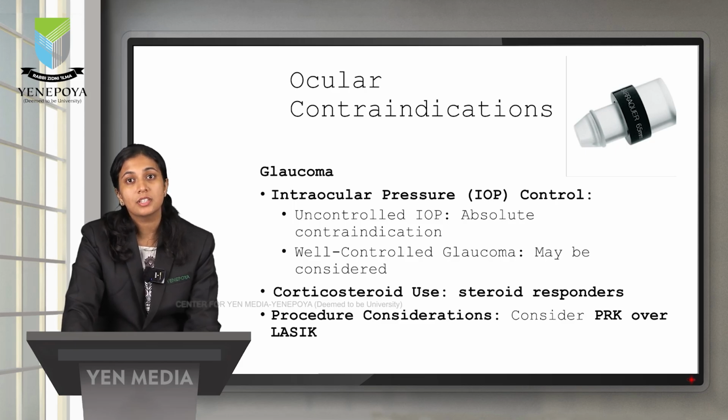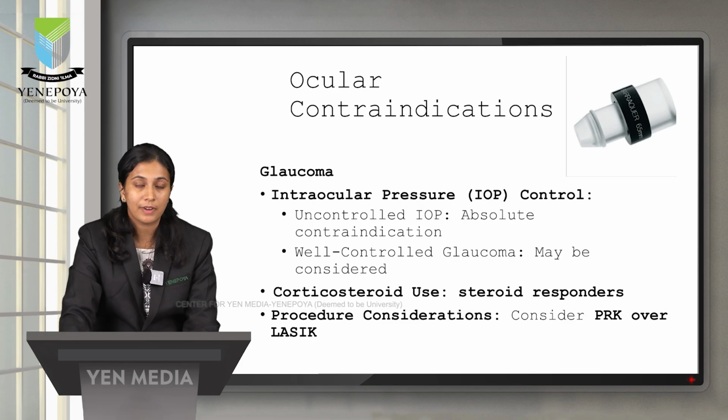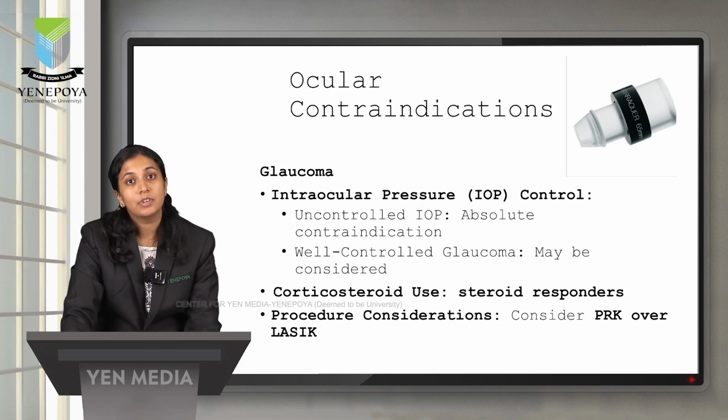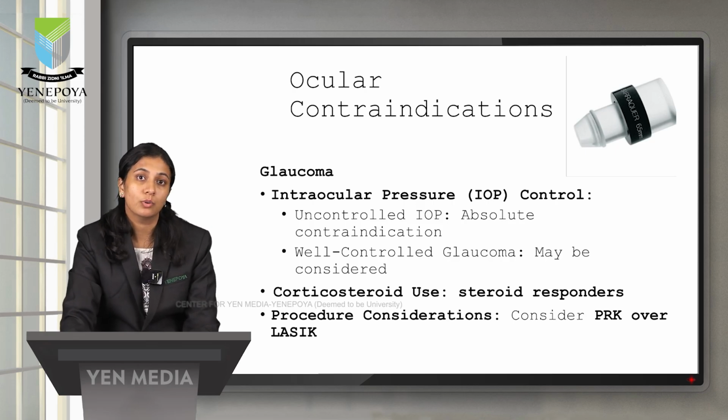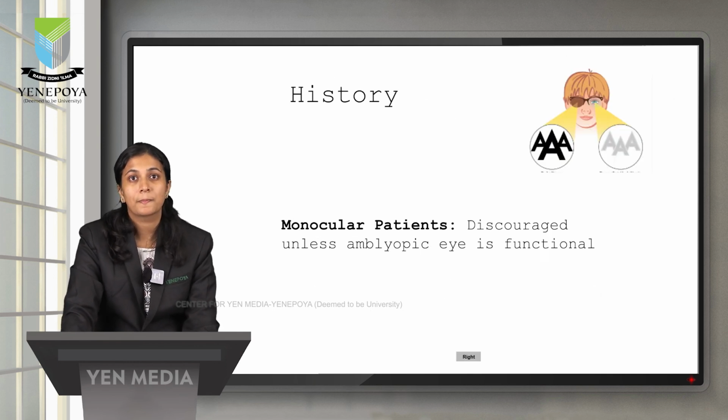And in such patients, if you go for a LASIK procedure or any procedure which requires flap creation, as I had mentioned before, it requires increasing the intraocular pressure up to 60 mm Hg. So this will worsen the health of the optic nerve also. So in such patients, you had better go for a surface ablation procedure such as PRK.